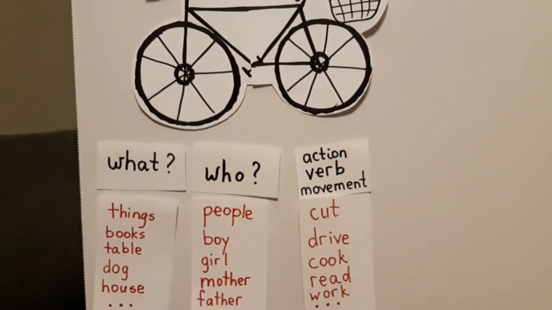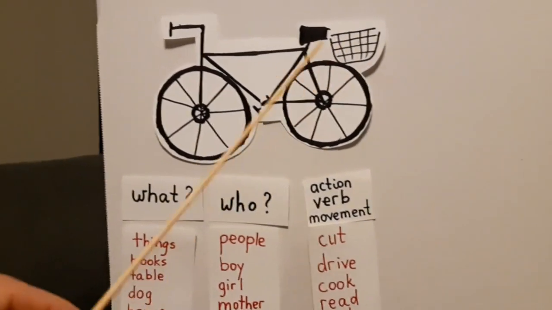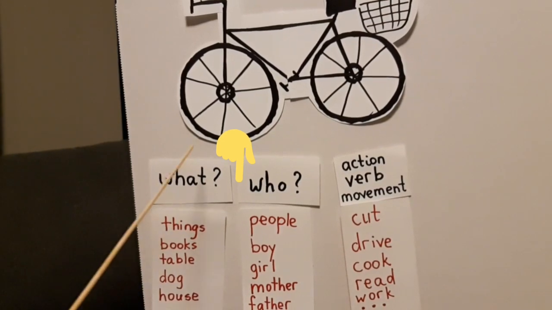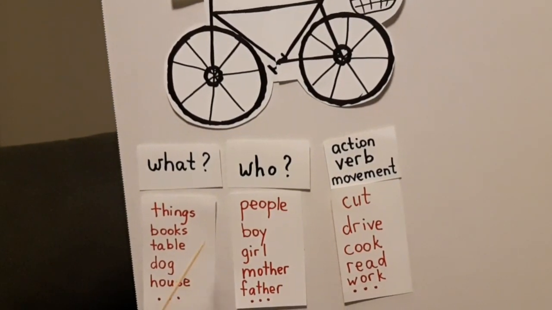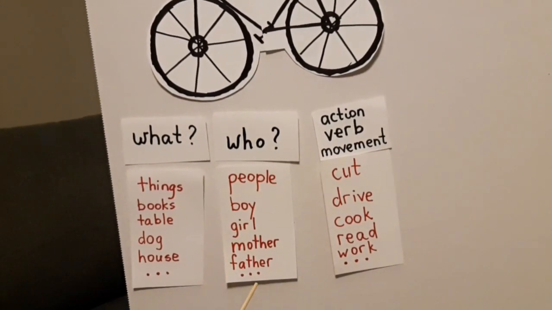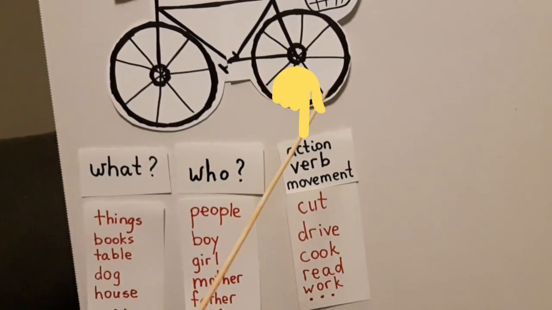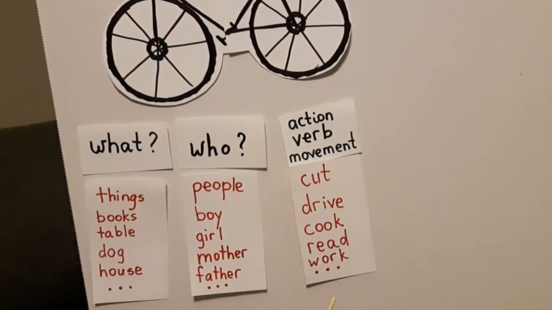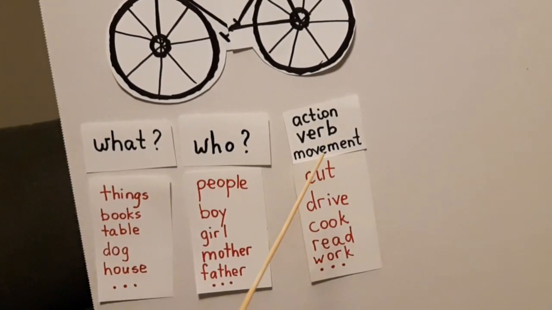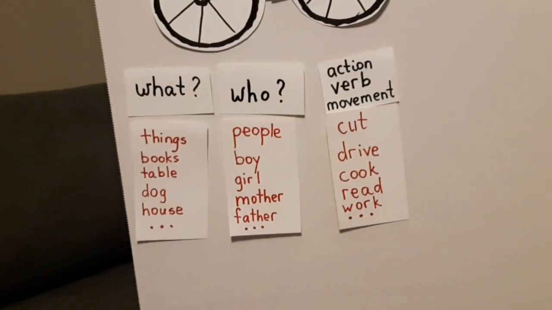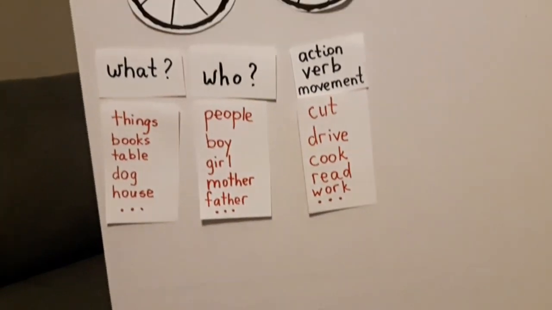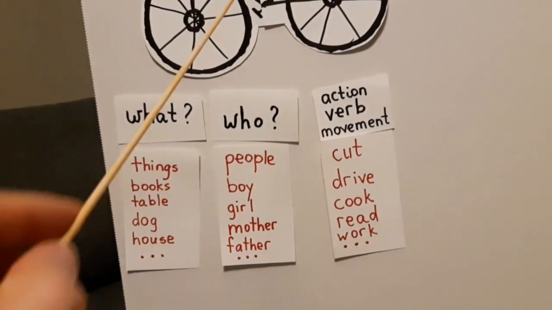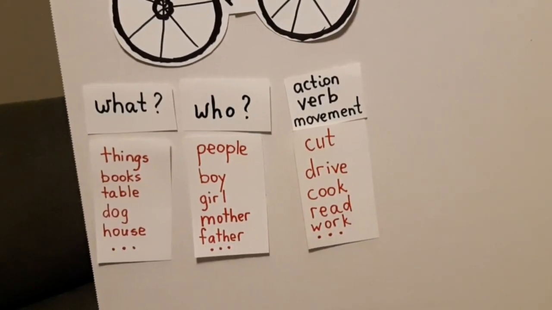So let's look at the bicycle again. The first wheel is for things or maybe for people. The second wheel is for action, movements, or maybe the verb. Let's have an example. Let's take one word from each wheel.